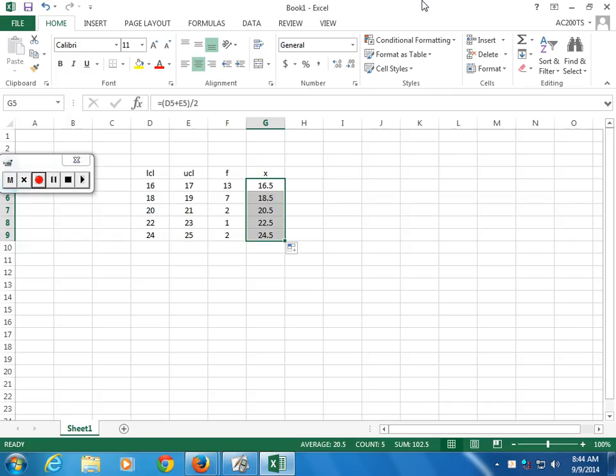X squared. X squared is your next column. What I do is I do x squared first, and then I move over a couple of columns and I do f times x, then I do f times x squared.